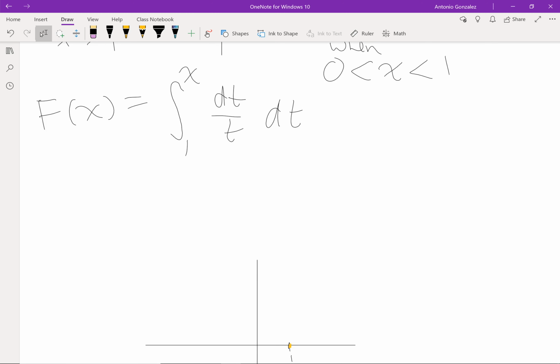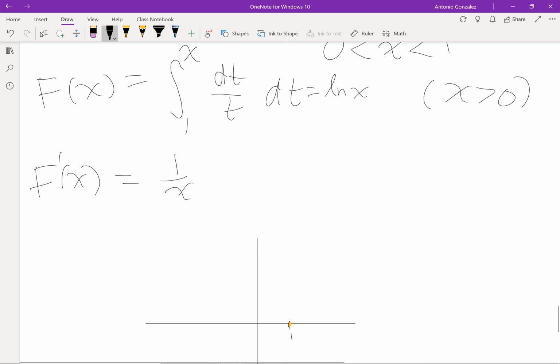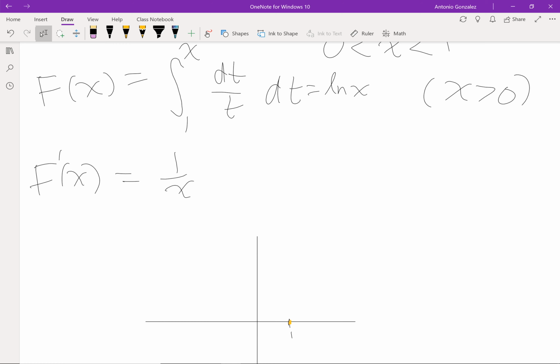Now, if I take the derivative, f prime of x of the natural log, and always keep in mind the domain is positive real numbers, f prime of x is equal to 1 over x.